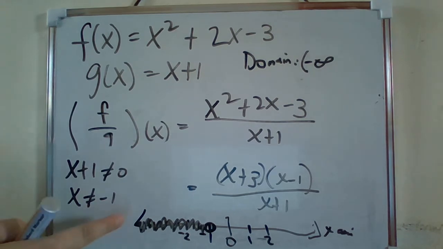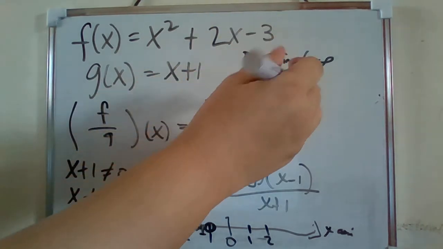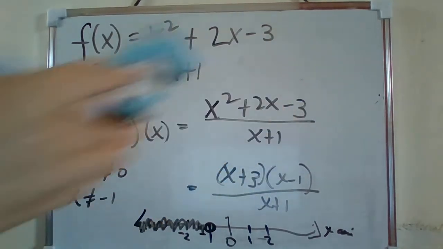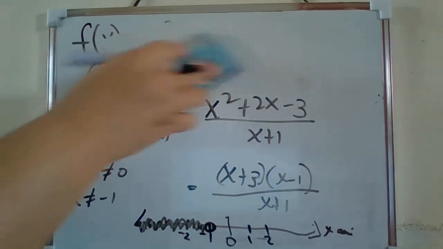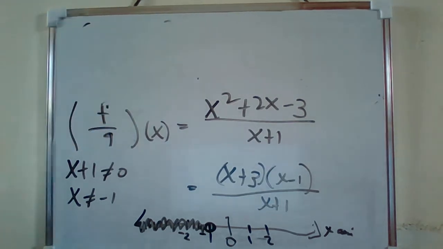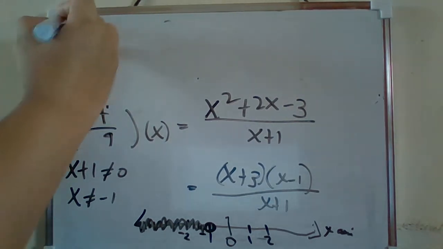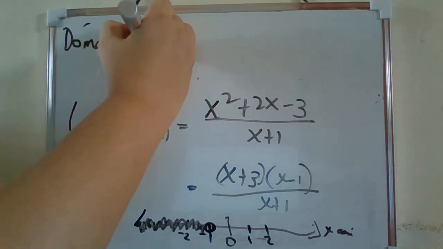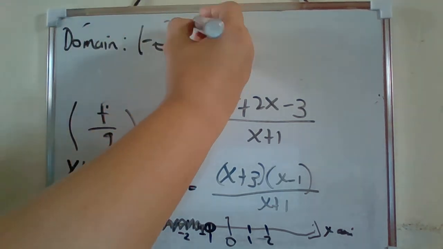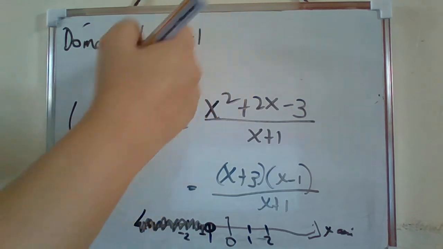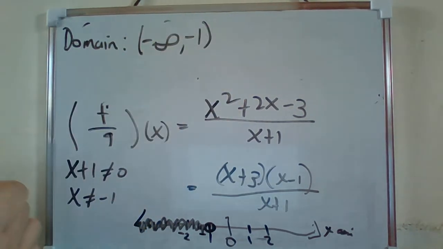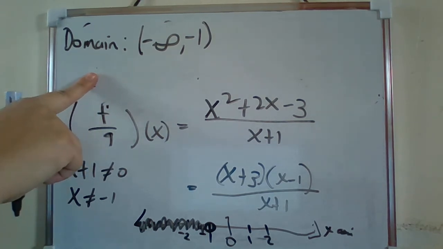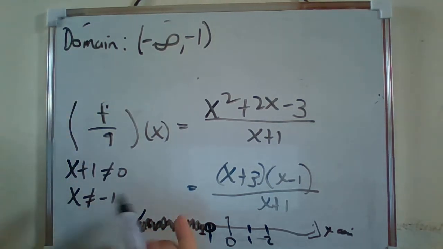So, in short, the domain would be, burahin ko na tong given na to para meron tayong masulatan. So, the domain for this quotient, again, dahil may restriction tayo, would be negative infinity to negative 1. Hindi siya included. Alright. Pag included kasi, yung bracket ang gagamitin natin. Pero since hindi siya included, naka-open siya. Okay?